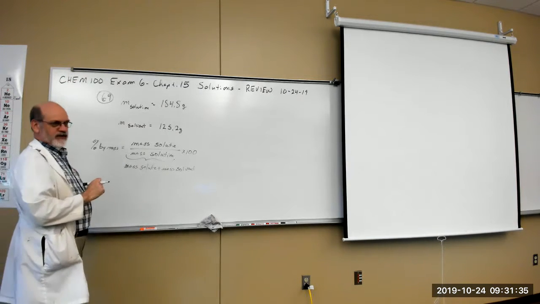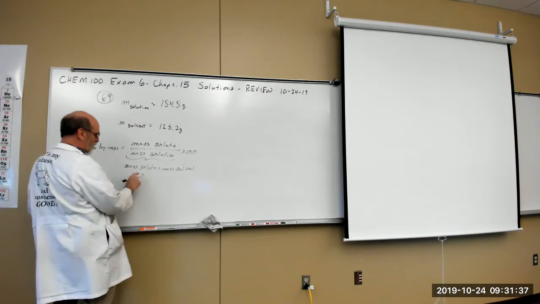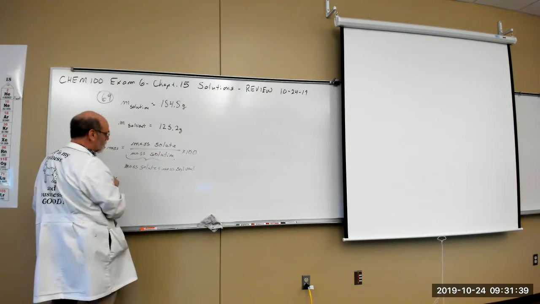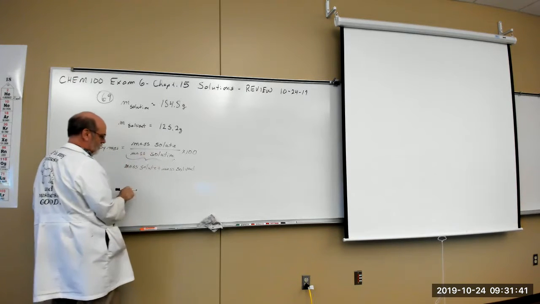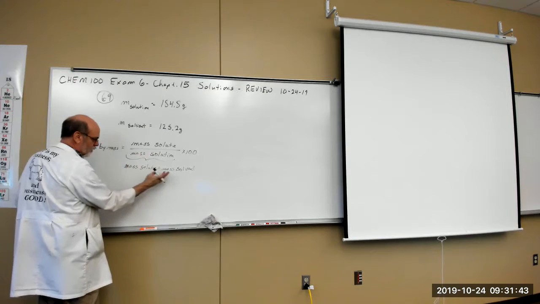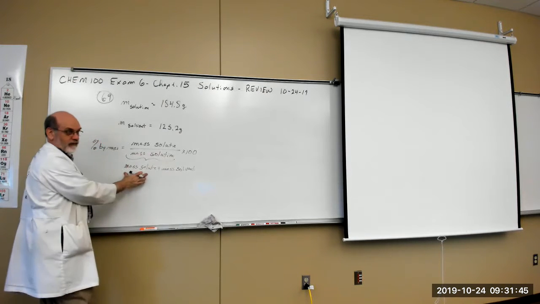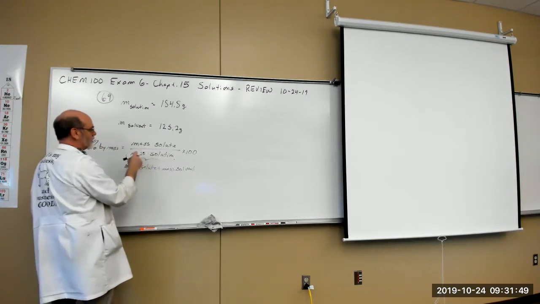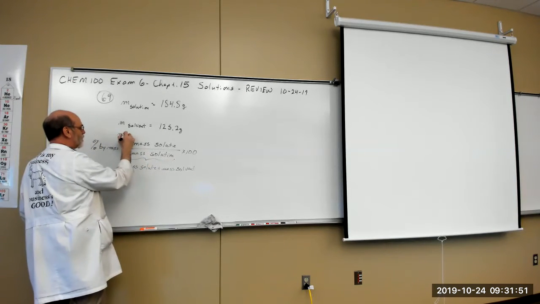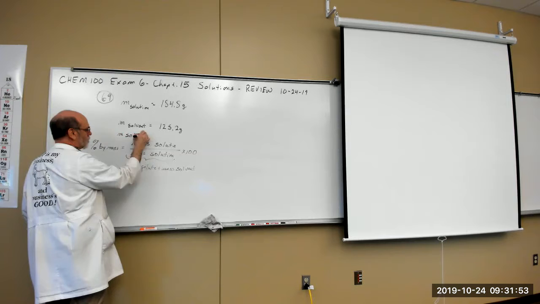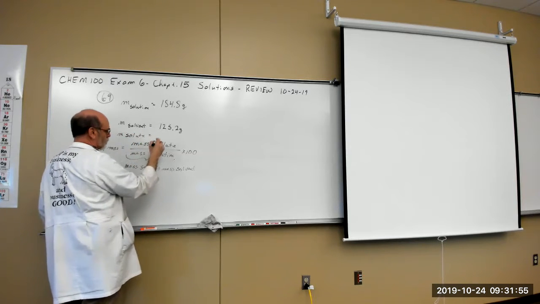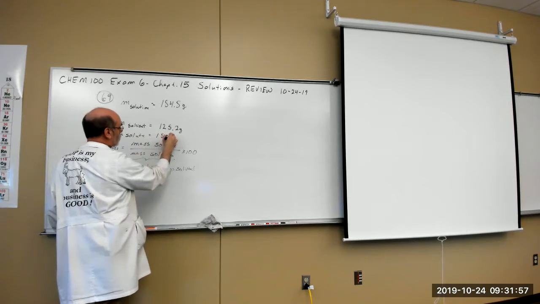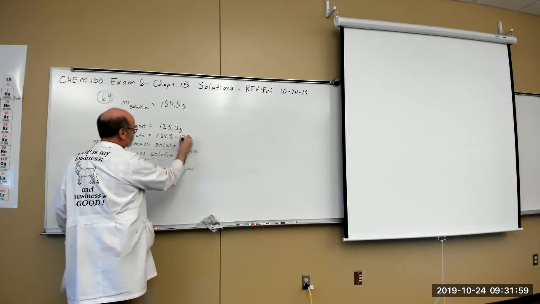Okay, see where I'm going with this? We know this one, and we know this one. So all we need is to subtract that one from that one to get this one, right? Because this is the summation of those two. So the mass of the solute is equal to 184 minus 125.